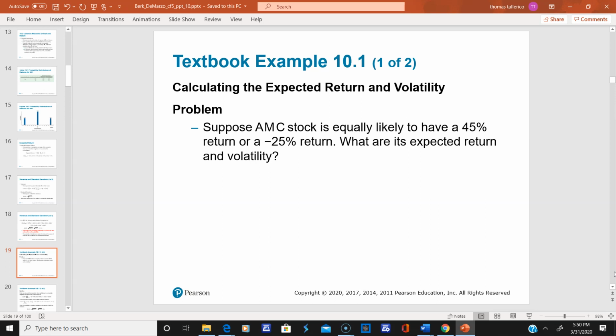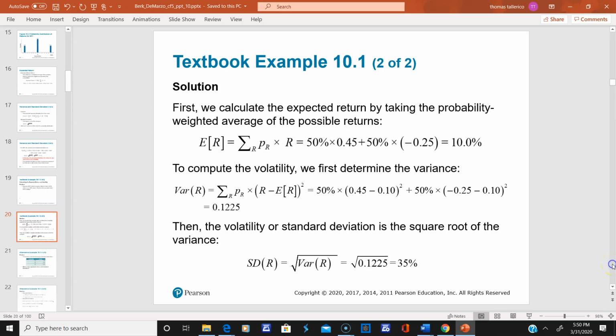All right, so let's look at an example here, okay, of expected return and volatility. So here's another stock, AMC. It's equally likely to have a 45% return or a minus 25% return. What are its expected return and volatility? Here, right? Okay, so when you saw the words equally likely, you know what that meant, right? 50% chance, right?